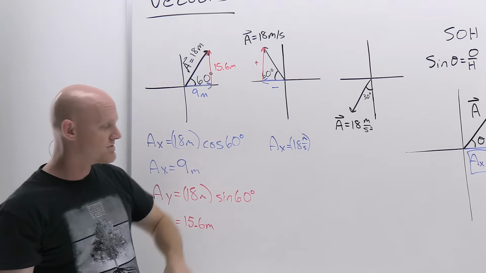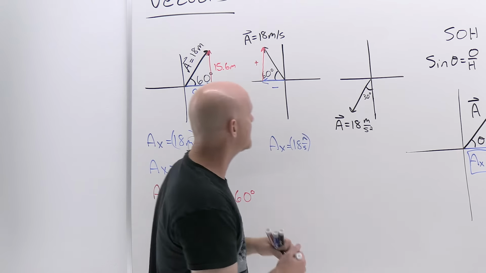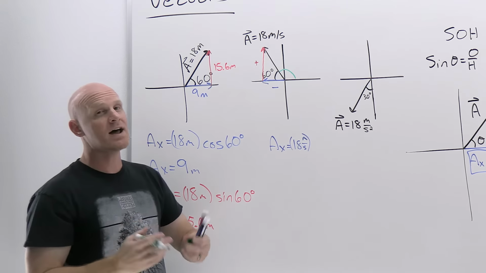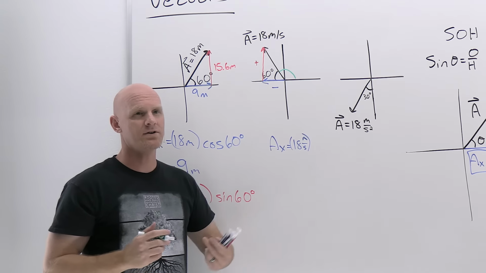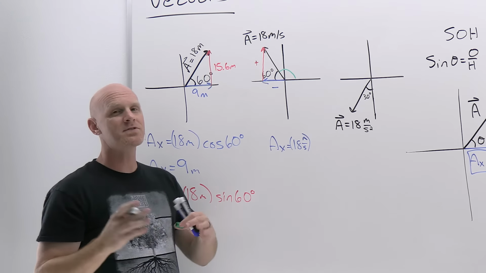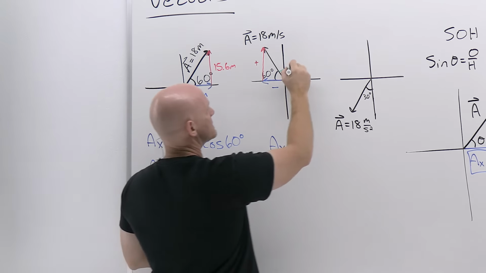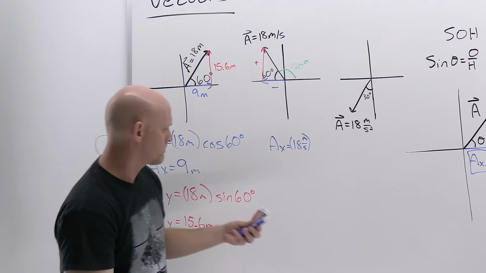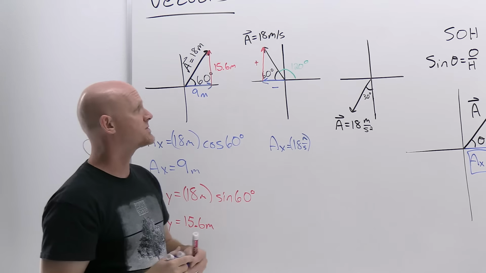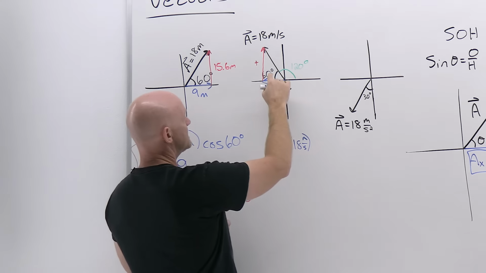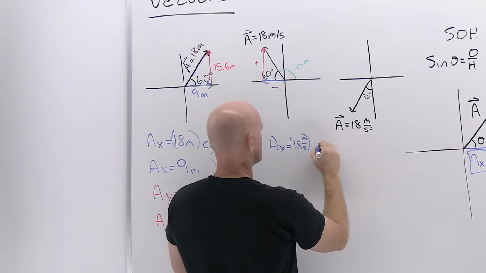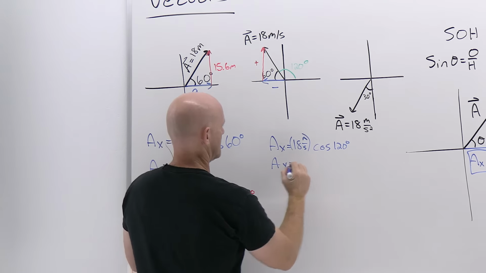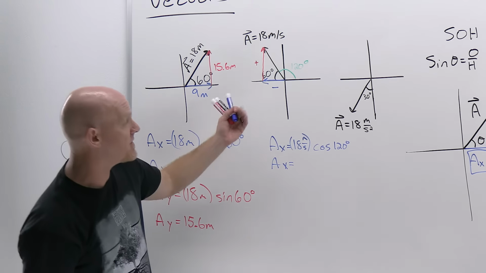However, the other thing you can do is take and get that angle relative to the positive x-axis right there. And if you use that angle, the sines and the cosines will work out nicely every time. Now the tangent won't, but the sines and the cosines will. And so if we use 120 degrees here instead as our angle with respect to the x-axis, and so instead of putting in cosine of 60, we're going to put in cosine of 120 degrees, we'll find out that this x component is going to come out negative by default.